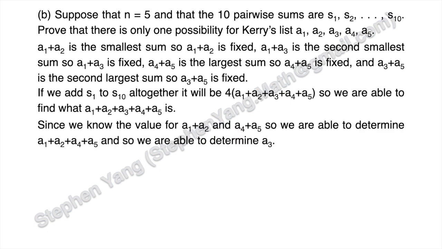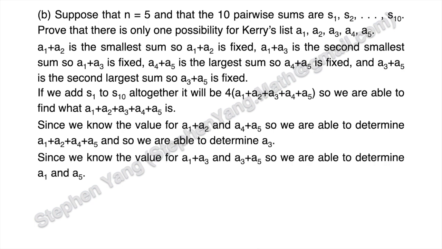And since we know the value for a1 plus a2 and a4 plus a5, we're able to determine a1 plus a2 plus a4 plus a5. If we subtract these two values, we'll be able to determine what a3 is.